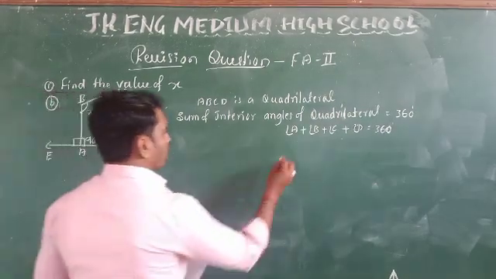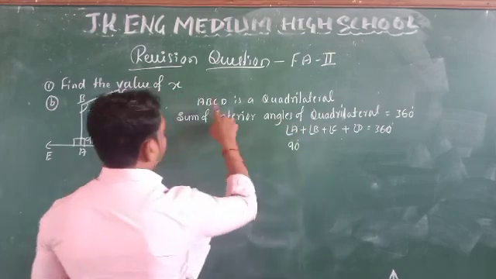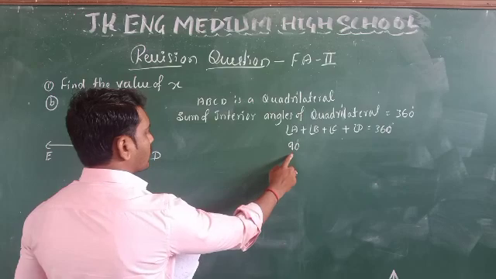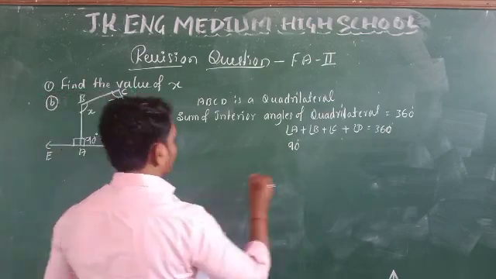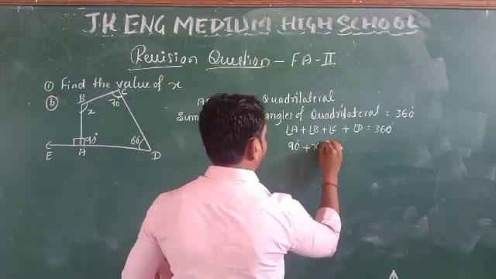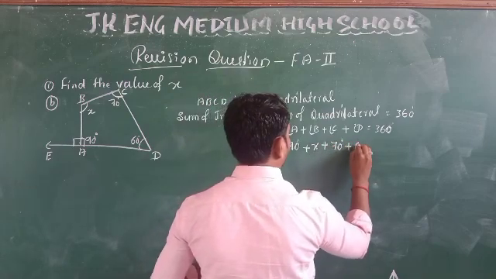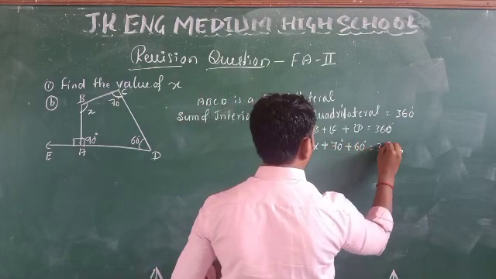So as usual, now ABCD is a quadrilateral. Sum of the interior angles of quadrilateral is 360. Angle A is how much? 90 degree. Angle B, x. Angle C, 70 degree. Angle D, 60 degree.